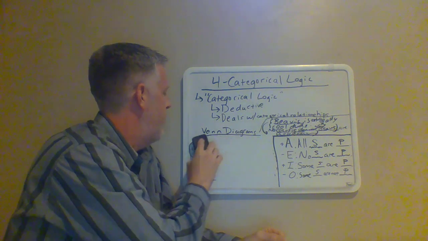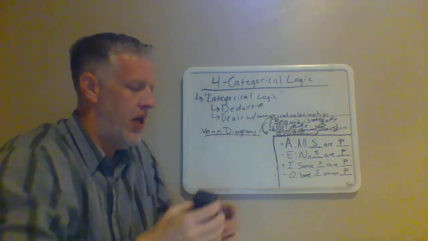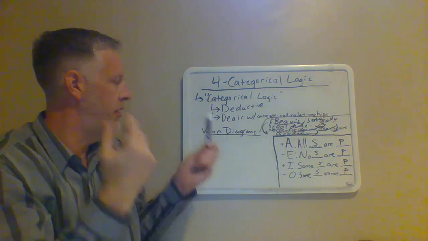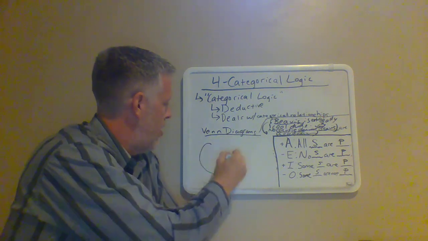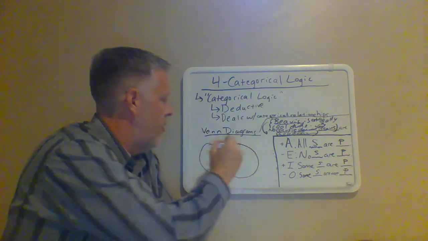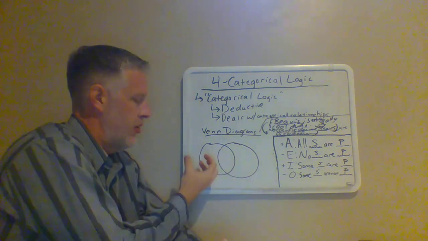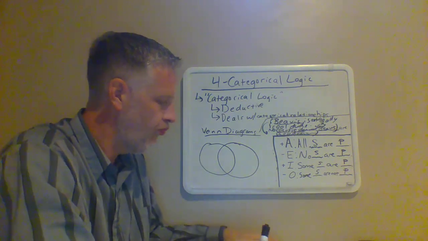To be honest, I hadn't really heard too much about Venn diagrams until I dabbled with logic. But other people, they come into the class and they've heard of Venn diagrams, and so maybe you have, or maybe you haven't. But basically, it's a way to represent what's being said pictorially, usually using these circles.